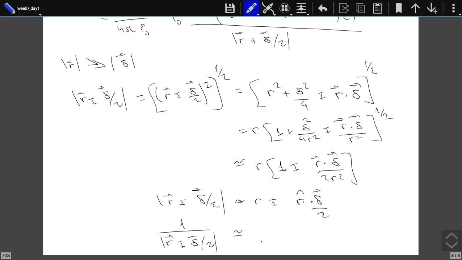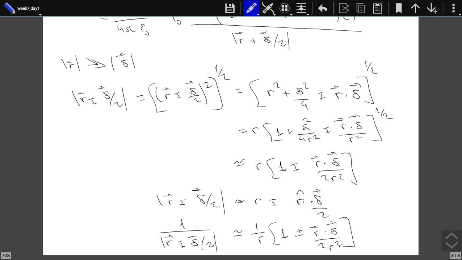If we do it properly, that will be 1 over R times (1 ∓ R dot delta over twice R squared). I just take it from here. I'm looking at 1 over this expression, that is 1 over R, and then I have the minus 1/2 power. Since I just ignore this one, it is very small. Since there is a minus sign, it changes this sign from plus minus to minus plus, etc.